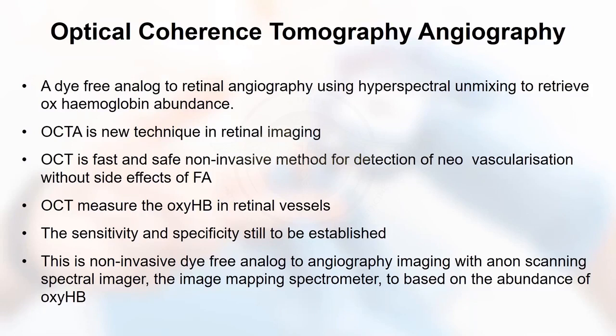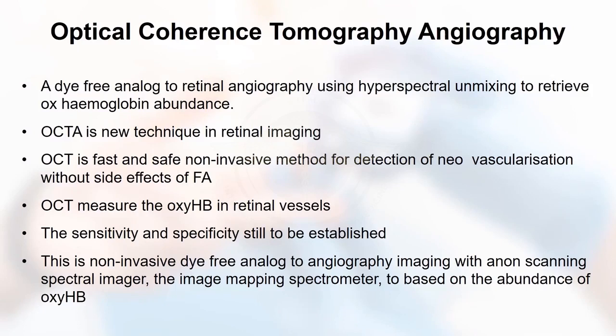It's a fast, safe, non-invasive method for detection of neovascularization without the side effects of fluorescein angiography. This technique measures the oxyhemoglobin in retinal vessels. The sensitivity and specificity are still to be established.